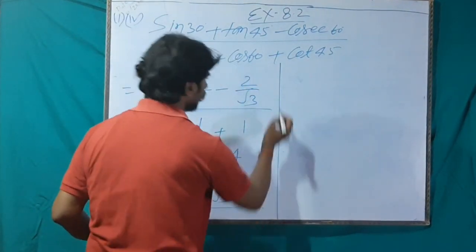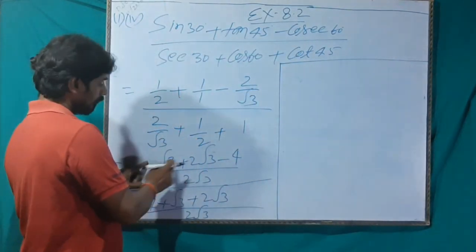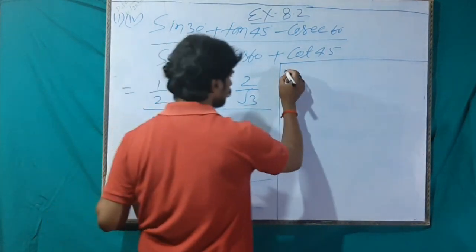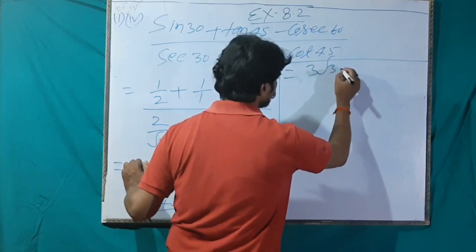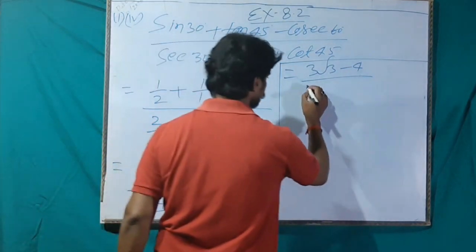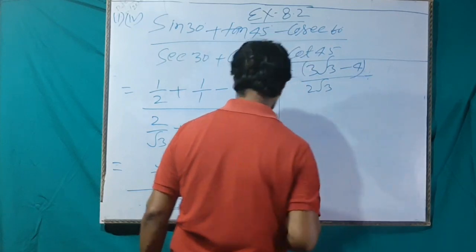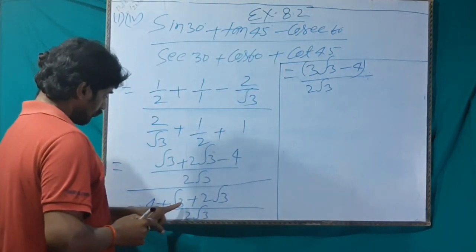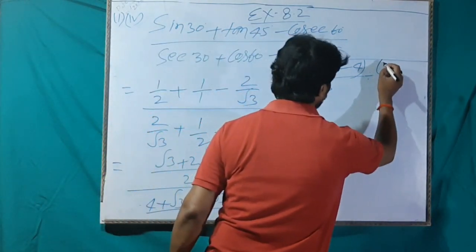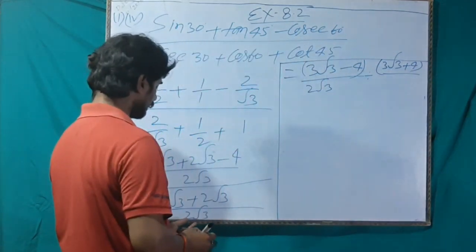Now root 3 plus 2 root 3 minus 4, that is 3 root 3 minus 4, 3 root 3 minus 4 by 2 root 3, and divided 2 root 3 on 3 root 3, 3 root 3 plus 4 by 2 root 3.